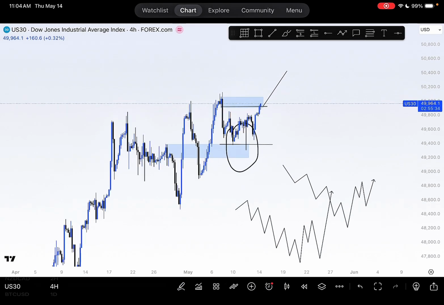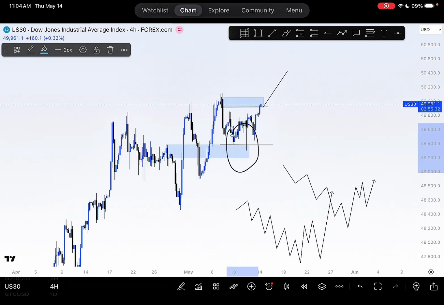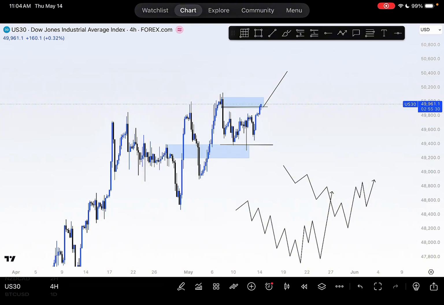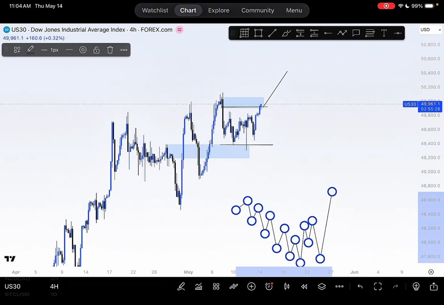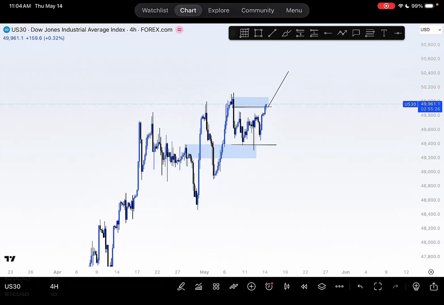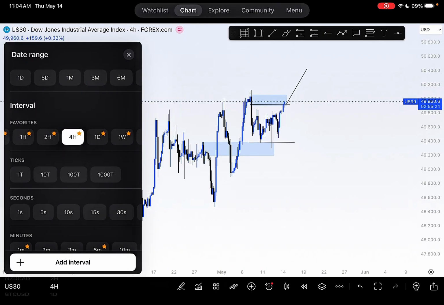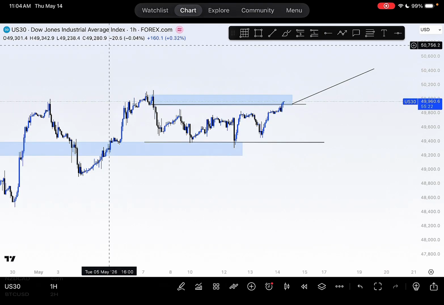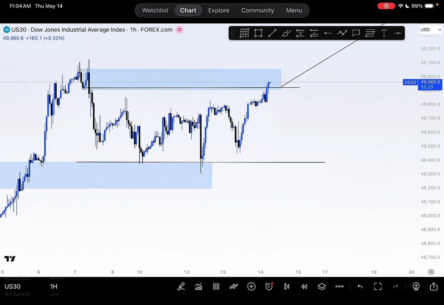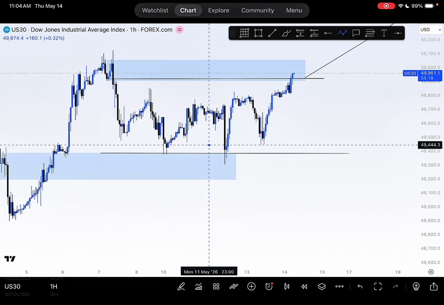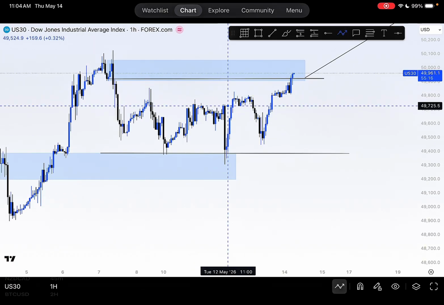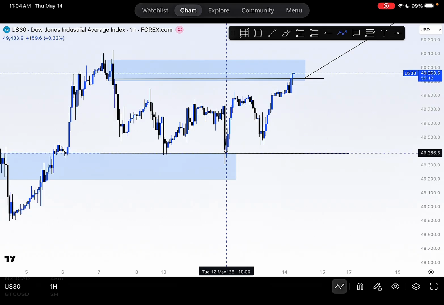So let me wipe this out, I won't be needing it. I also won't be needing this. So we have to go to our 1 hour time frame. What can we see here? It pushed to this zone down, pushed to this zone.